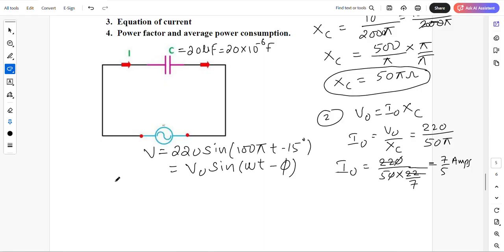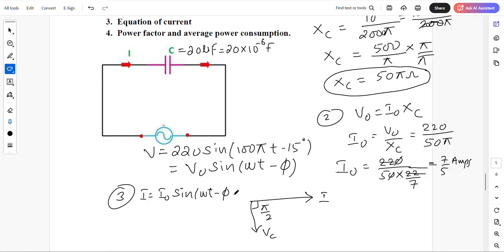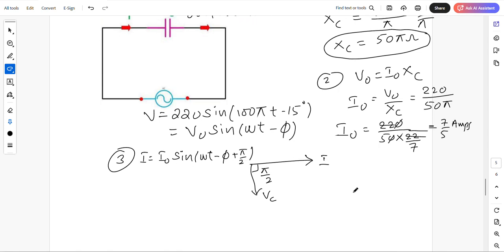Number 3, what is the equation of current? We know that current will always lead by an angle pi by 2 with respect to voltage across the capacitor. Therefore, I can write I is equal to I naught sine of omega t minus phi, just add plus pi by 2 to this one. I is equal to I naught, which we calculated just now, 7 by 5.